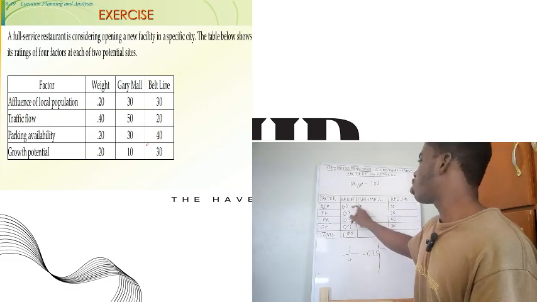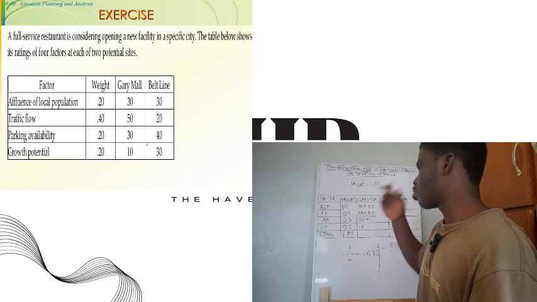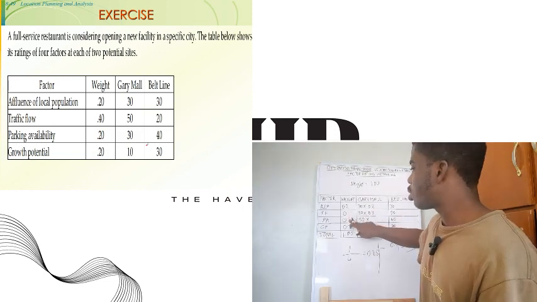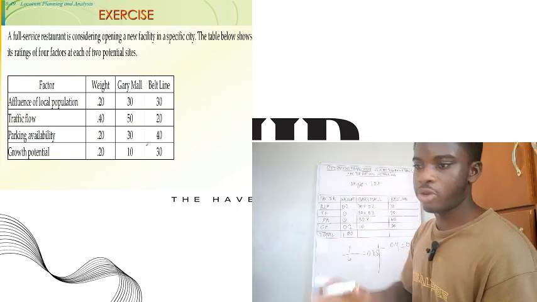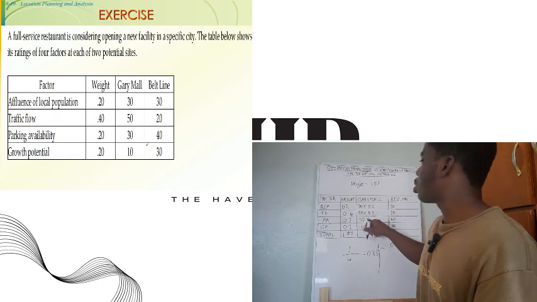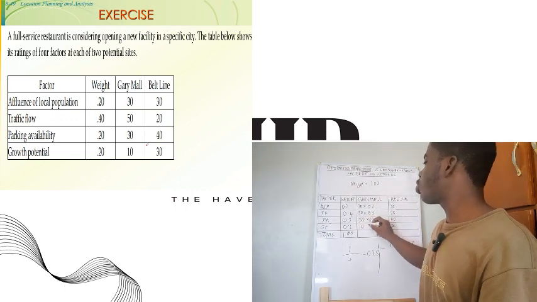What do you do? Oh, I didn't change it back. Sorry. Because you have your own question. Zero point 0.2 times 0.2.